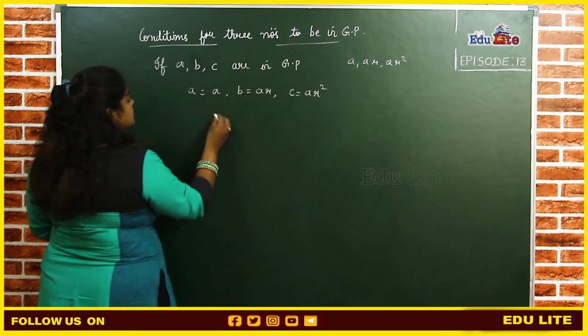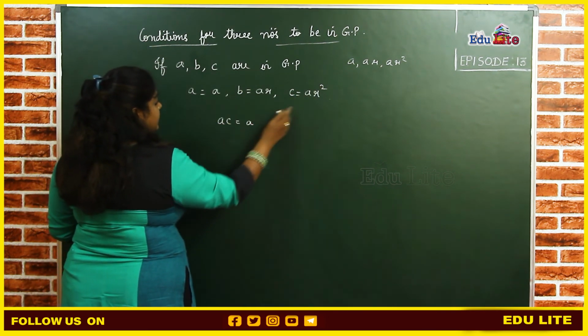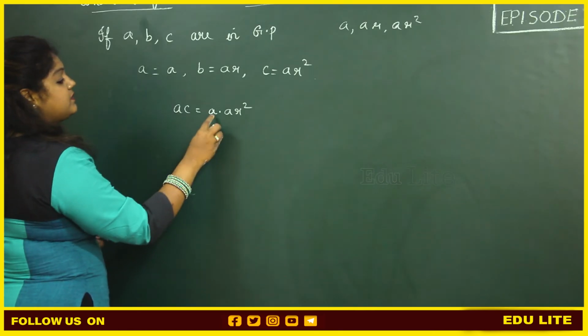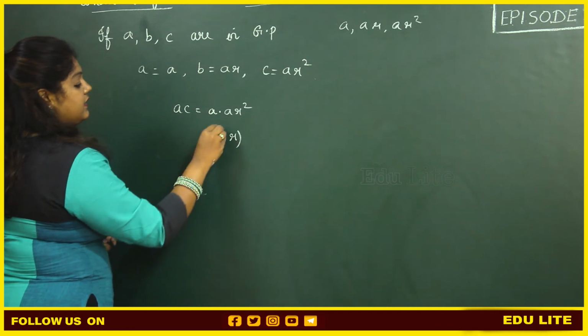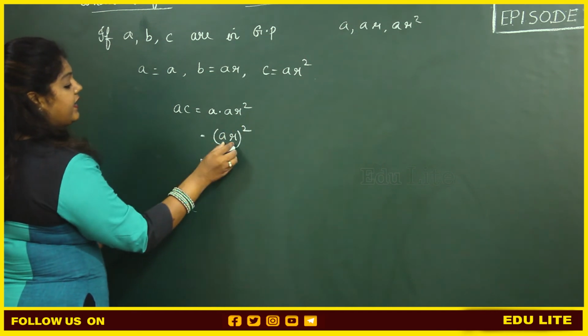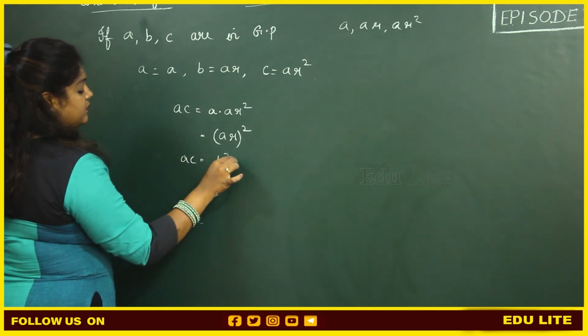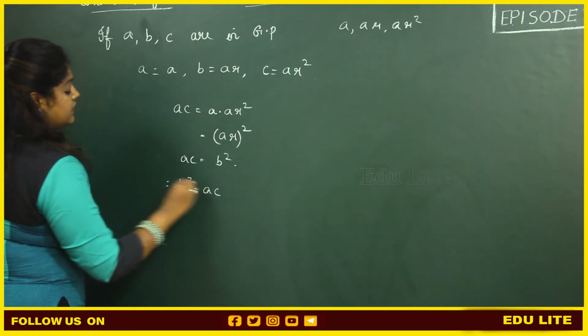Now, what we are going to do is multiply A and C. The value of A is A, the value of C is A into R square. This we can write as A square R square, which is (AR) whole square. So AR value is nothing but the value of B. Therefore, AC is equal to B square, which is B square equals AC.